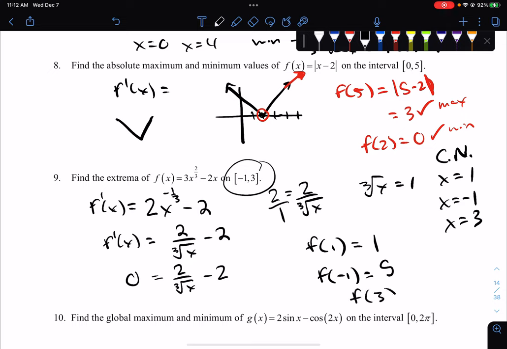F of 3, 3 raised to the 2/3 is going to be the cube root. So I'm going to get 3 cube roots of 9 minus 6. And let's see, cube root of 9, am I doing my math right?